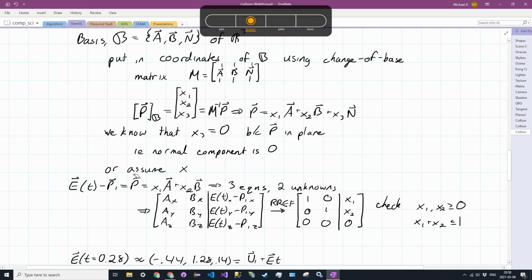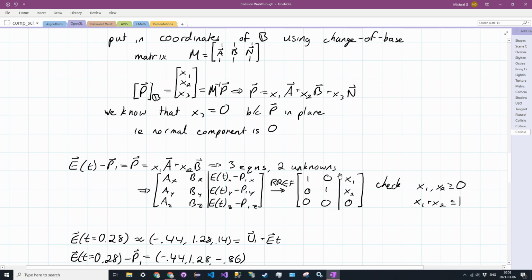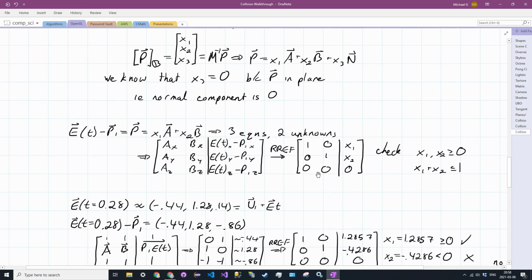If we don't assume it, we would just have to make sure that it's close to 0, so that it's close to the plane at least, because this reduction can be very finicky if you don't have the exact values. So yeah, that's going to be what we'll implement in the future.